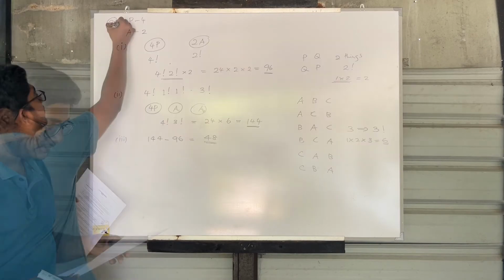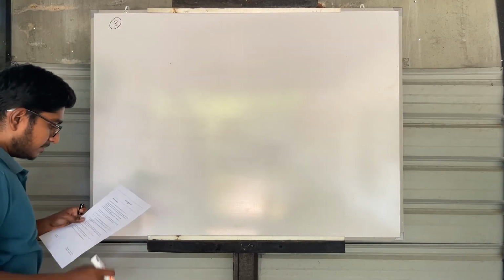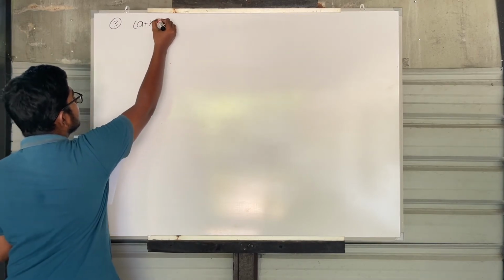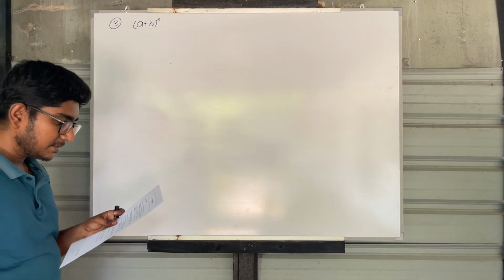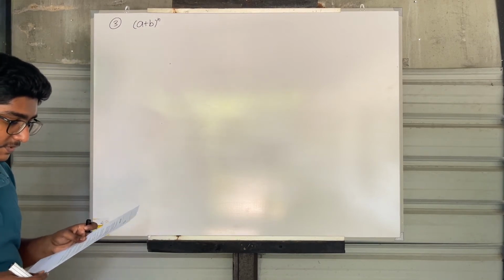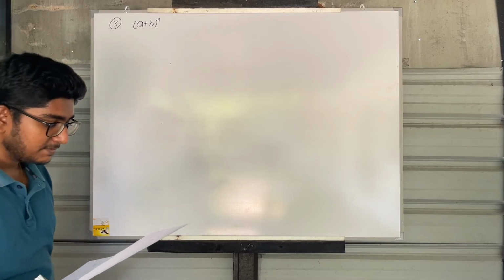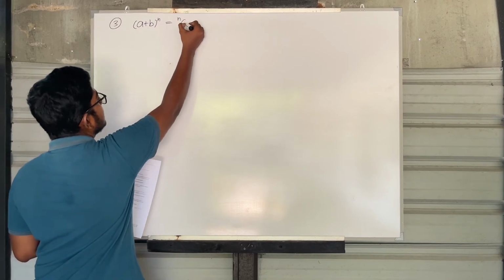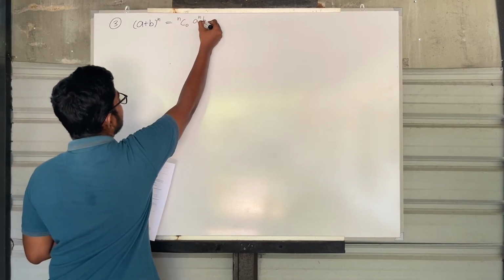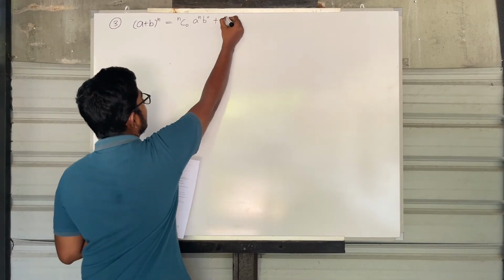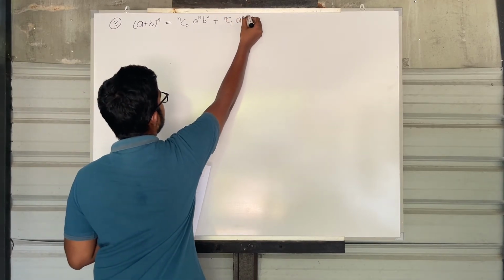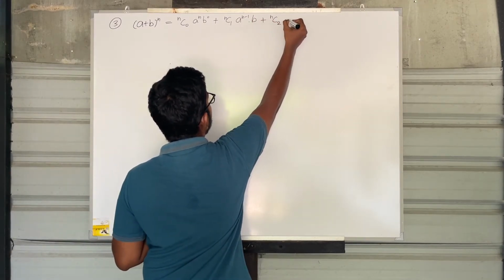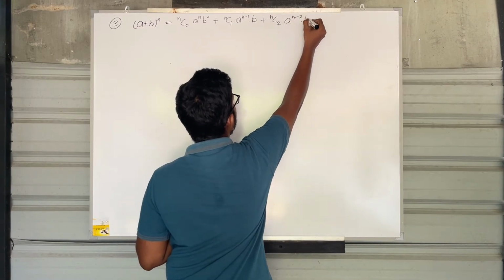Question number 3. When the expansion of a plus b to the power n, where a and b are positive real numbers, n is positive integer, is expressed in ascending powers of b, we write n c naught a to the power n b to the power 0 plus nc1 a to the power n minus 1 into b, then n minus 2 b square.